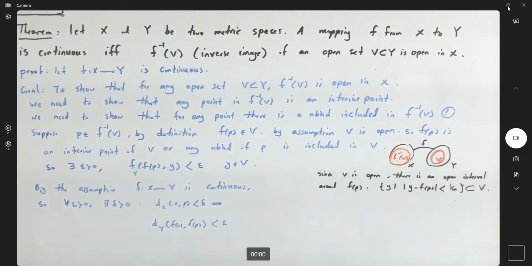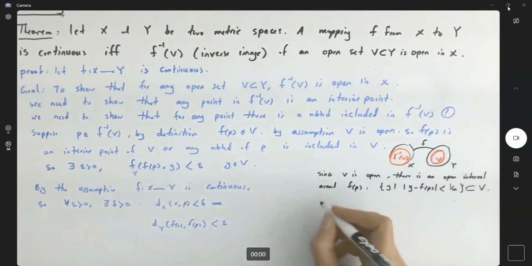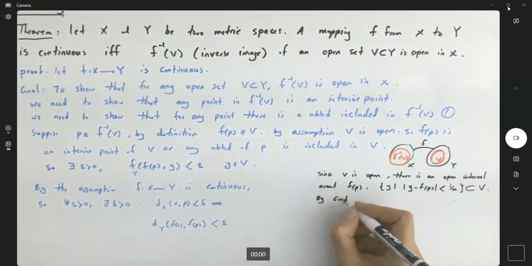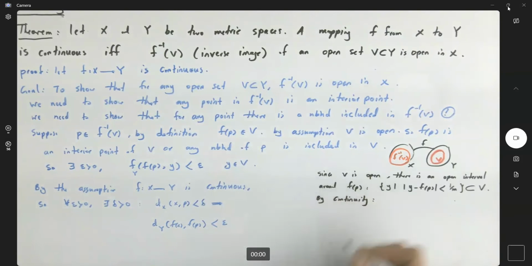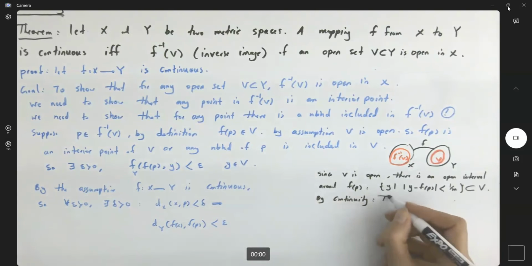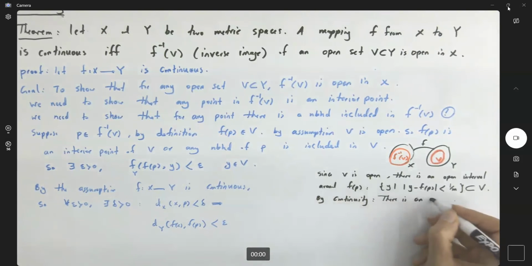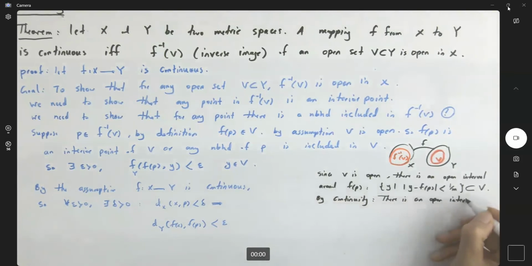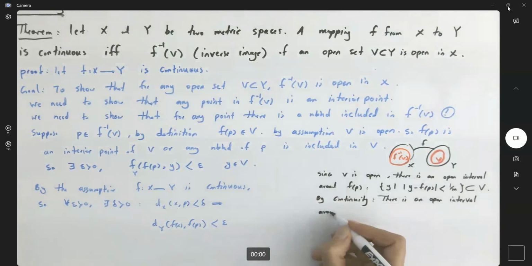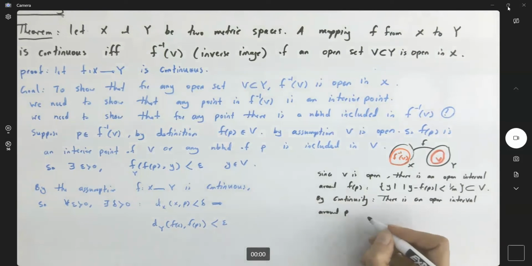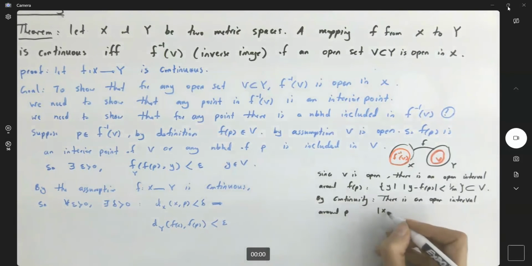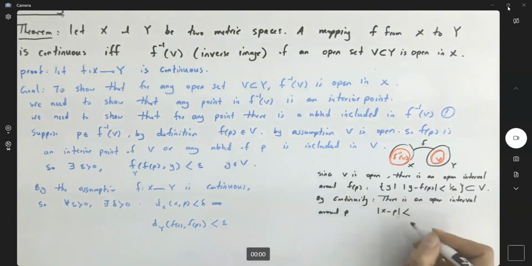By continuity, there is an open interval around P such that the distance between X and P is very small. Well, that small value can be written as 1 over n.